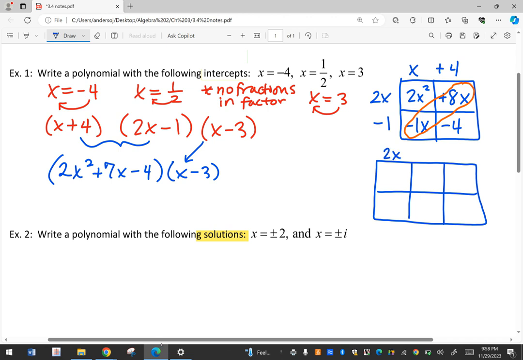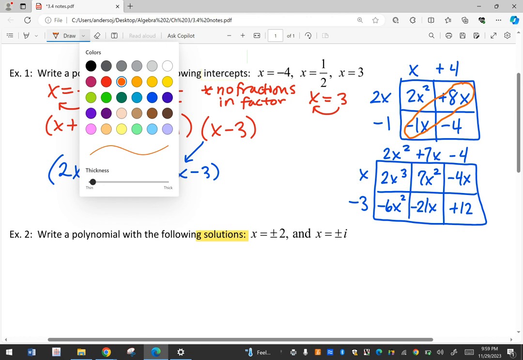But again, keeping very organized with these terms allows me to know that I'm not missing something when I go through that multiplication. As we fill in this box, I'm going to get 2x cubed, 7x squared, minus 4x. In the next row, I'll get negative 6x squared, minus 21x plus 12.